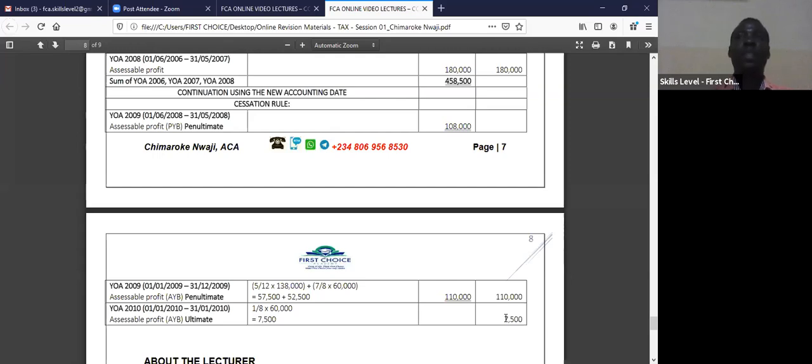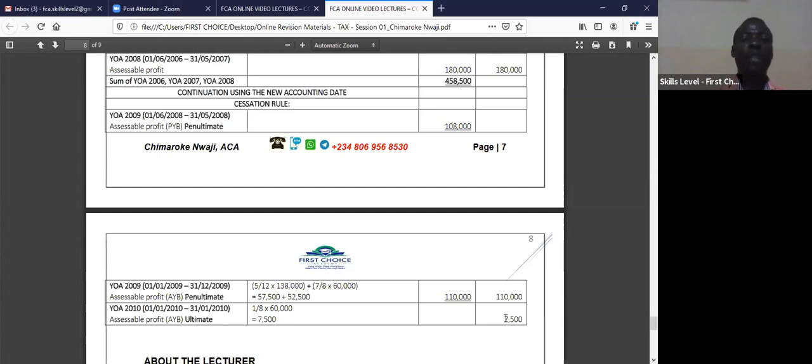What will happen is this. In our next class, we are going to look at capital allowance. Capital allowance might take us 2 classes. We are going to look at capital allowance because that is a topic that you cannot escape and that will take much of your time.